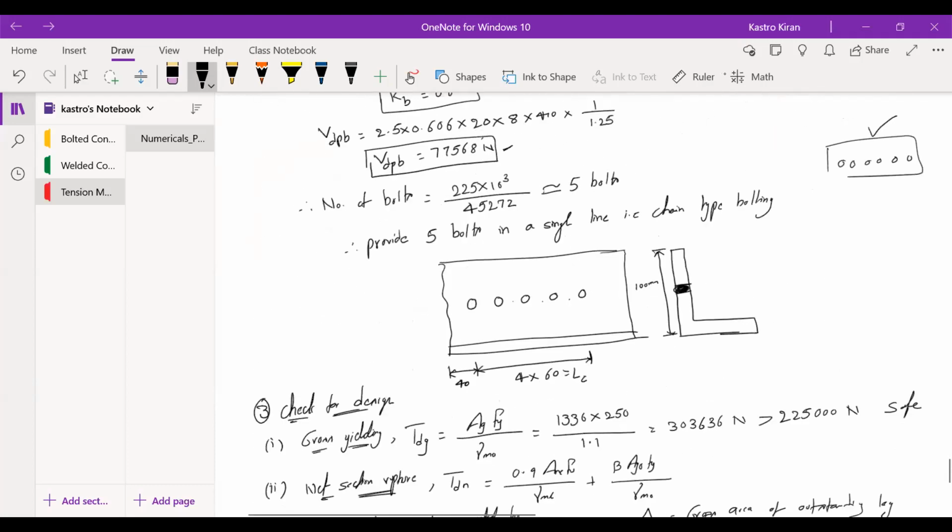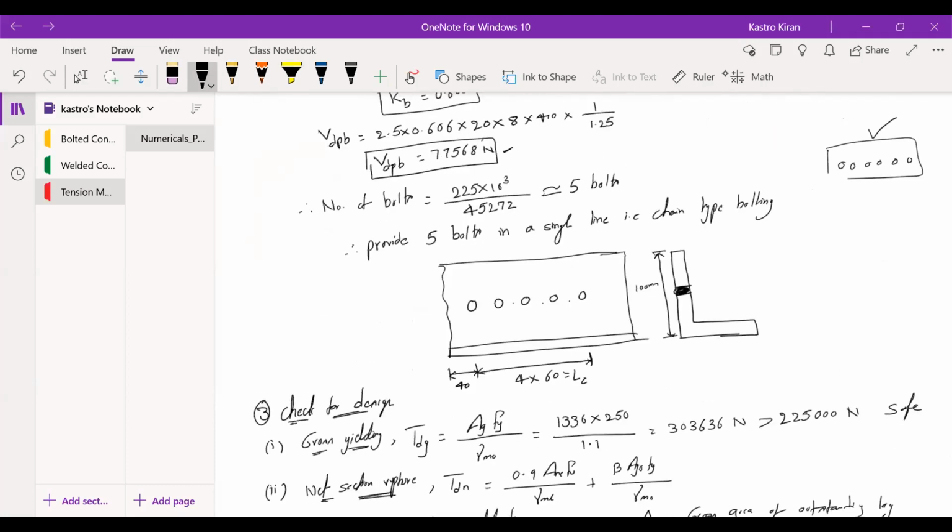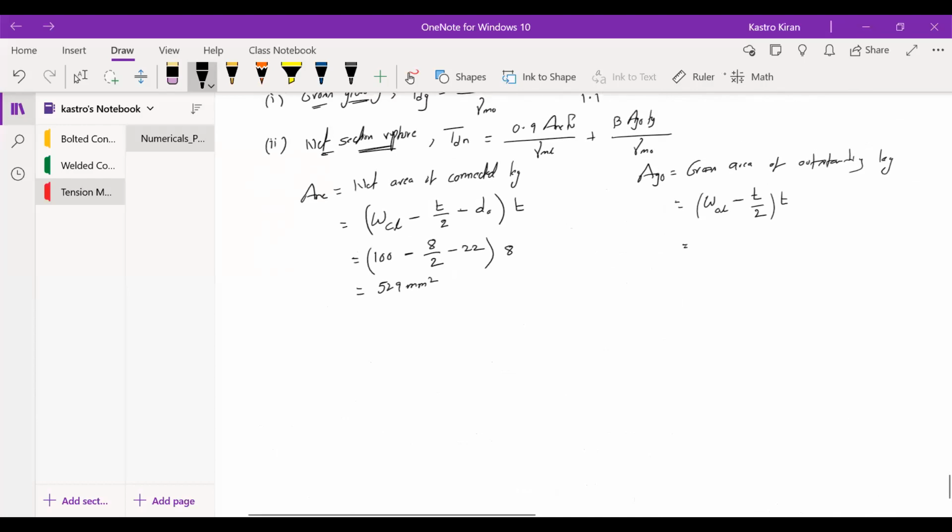Because you don't have any bolts provided in the outstanding leg. Only on the 100 mm leg you have bolts. So that's the reason I'm not deducting the D naught value. So width of outstanding leg is 75, minus 8 by 2, where 8 is again the thickness of the angle section, and you'll be getting 568 mm square.